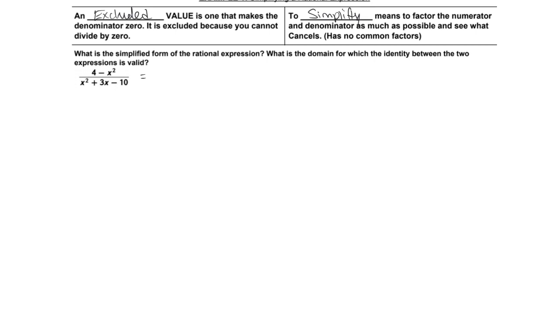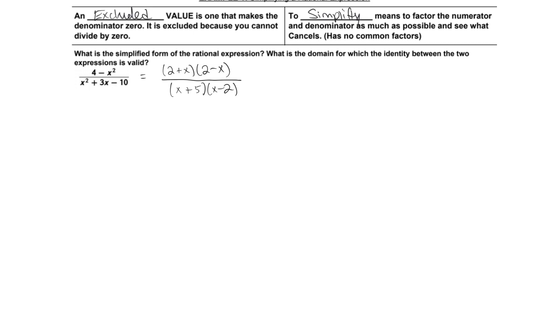All right, so let's factor this out. We get 2 plus x, 2 minus x from factoring 4 minus x squared, right? And then we get x plus 5 and x minus 2.